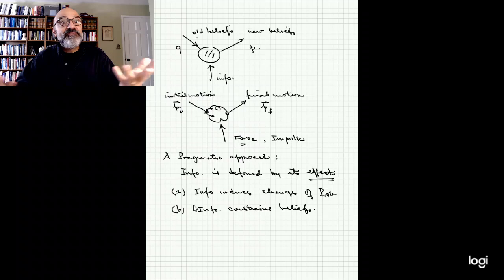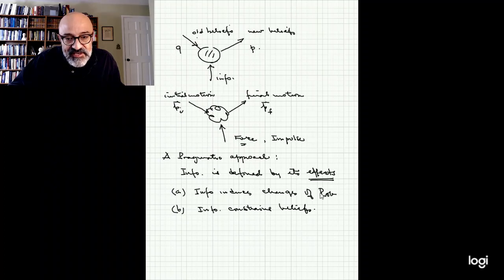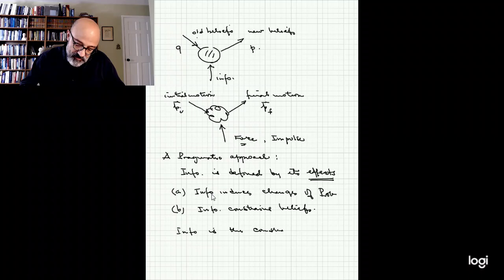That's a matter of rationality. So information changes what you believe, and information constrains you to believe certain things and not others. So what we're going to actually claim here is that information is the constraints on probabilities.